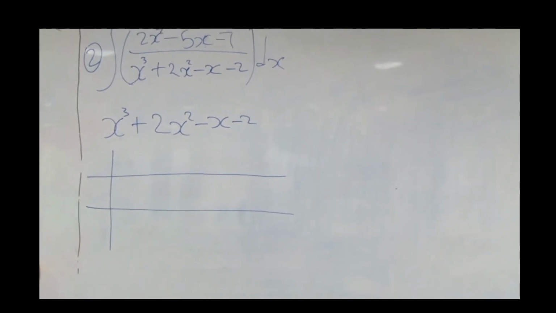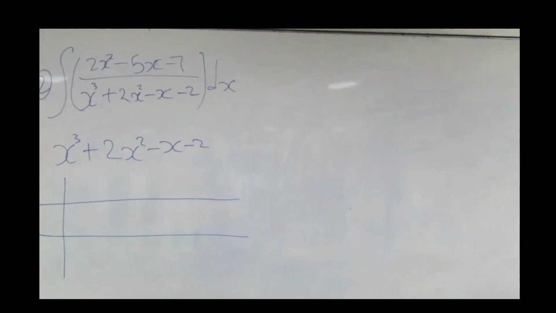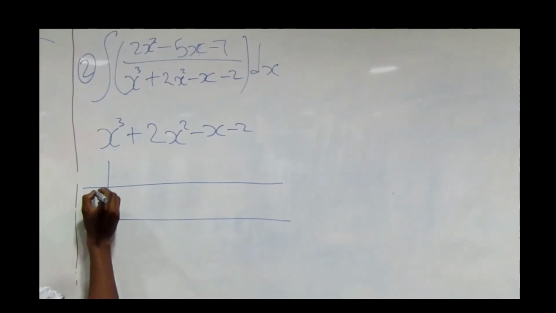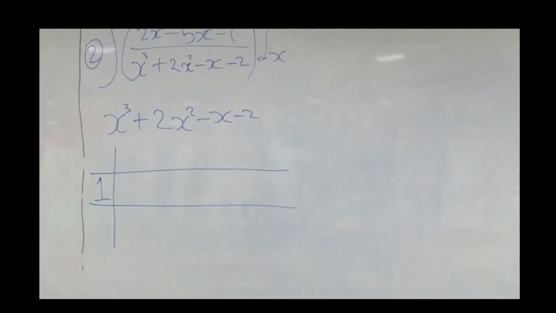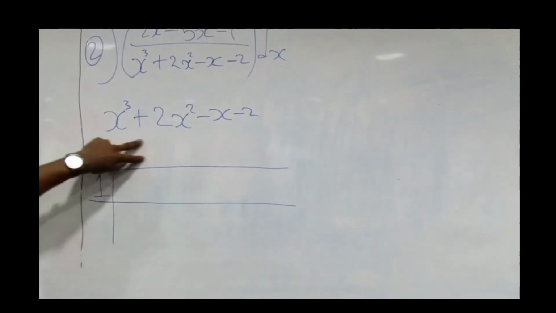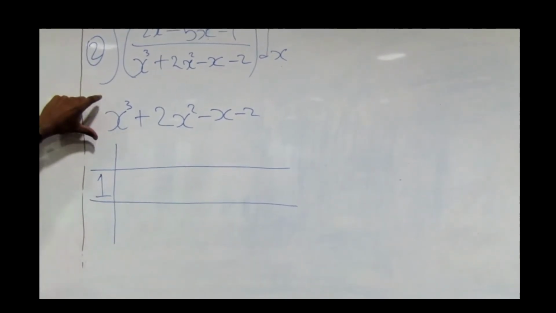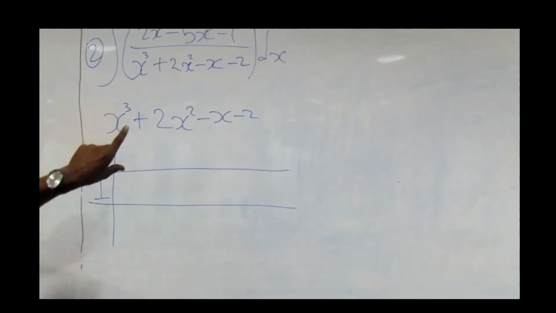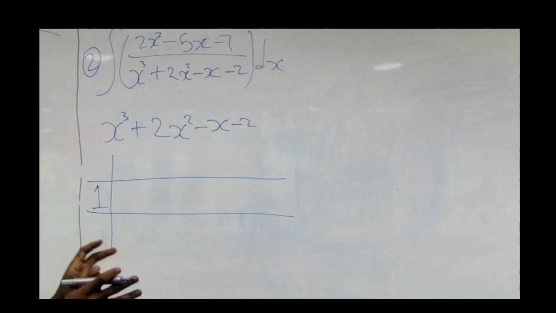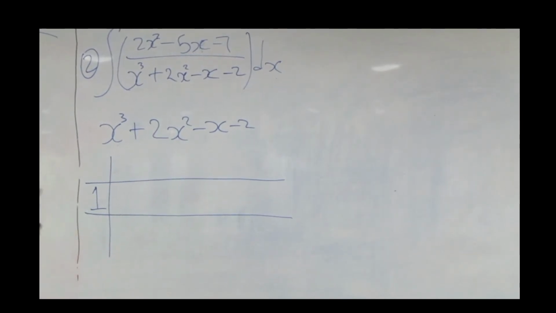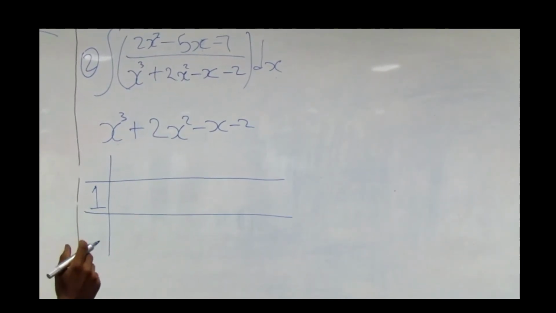If it is negative, you put it as negative. Because our factor is positive 1, I'm going to put 1 here. Then on top, you come to your given cubic function, and you take each and every coefficient of the cubic function and put it accordingly.